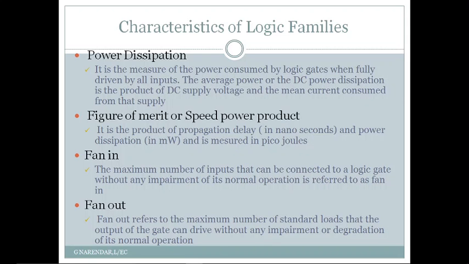And we always require a circuit which has less power dissipation so that it will consume less power. So logic gates or logic circuits with less power dissipation are preferred.